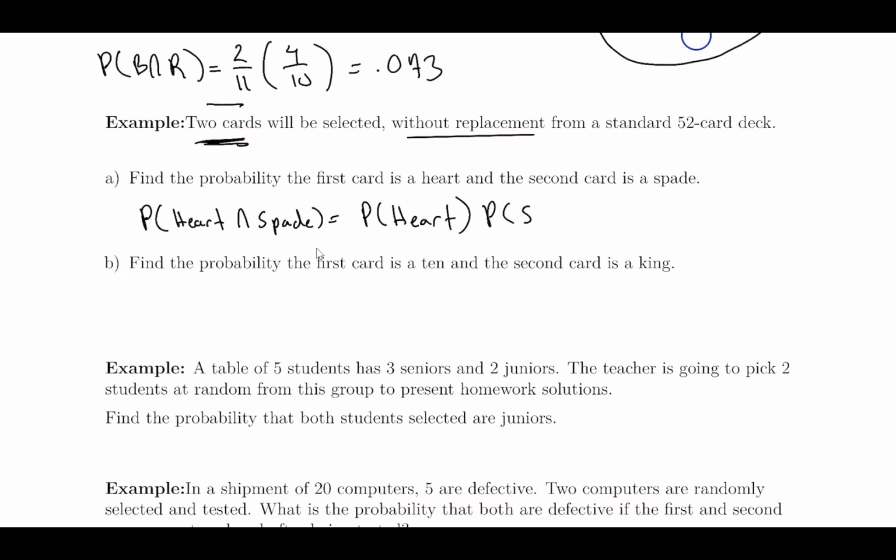So we want it to be a spade. But for this one, which information do we already know? So which information do I already know about the first card? The first card has to be, there you go, a heart. All right, so what we want to do is find the probability the first card is a heart, and then find the probability the second one is a spade given it's a heart.